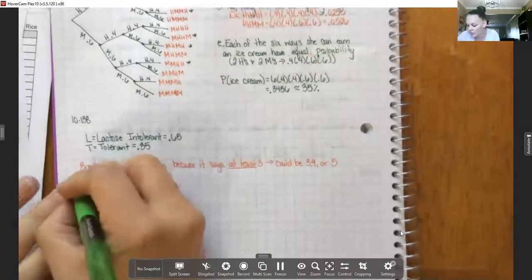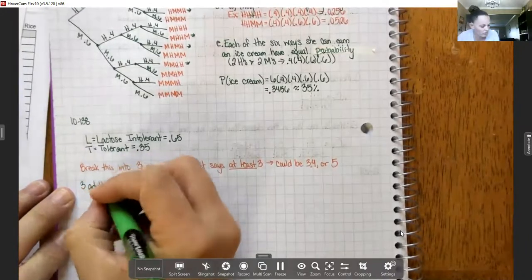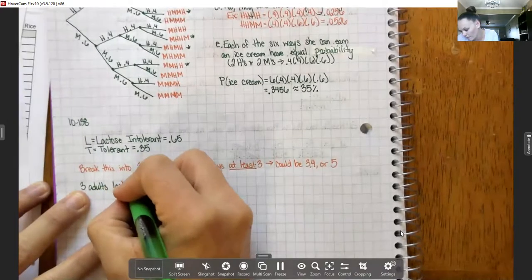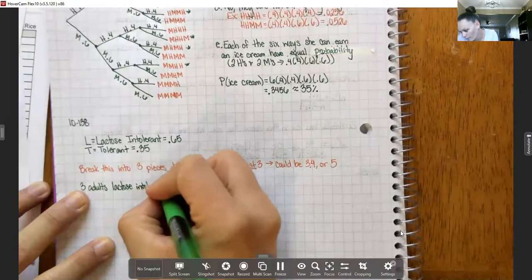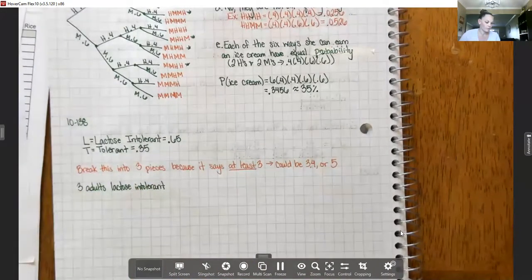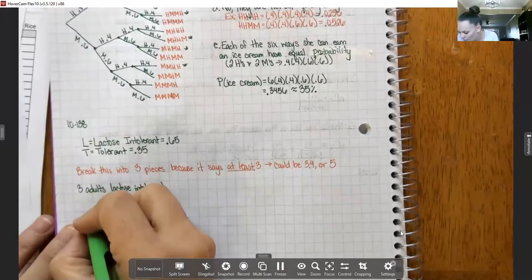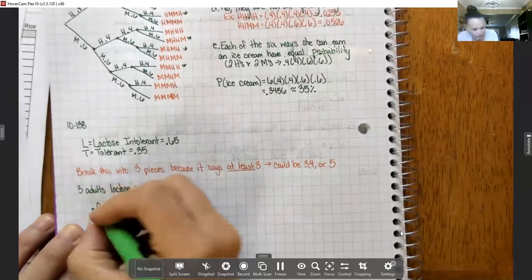So the first piece is going to be where 3 adults are lactose intolerant. So again, we could list the ways, but instead we're going to use a combination. This is going to be 5 choose 3.